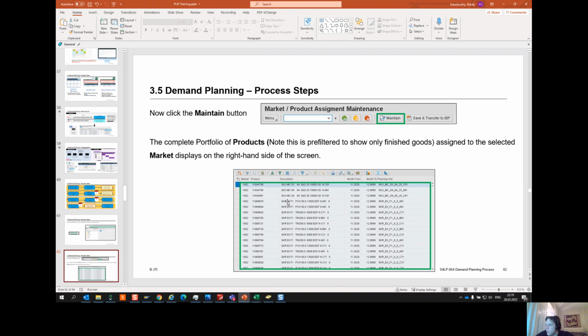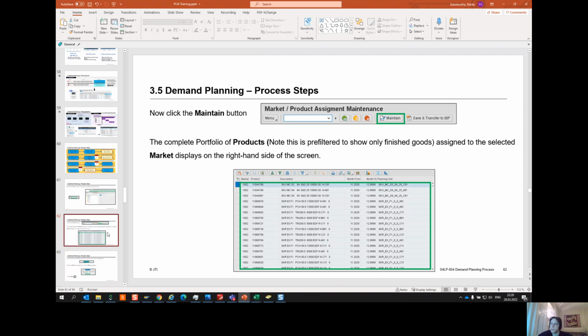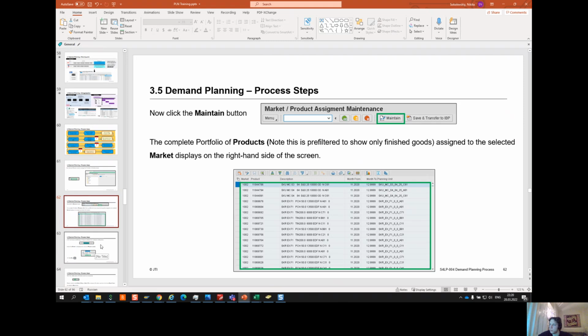For this planning unit, we have this SKU ending with 76. But if we look through this list, we can see the exact same planning unit. So the code is exactly the same, but the SKU is different. So that's how it works. One planning unit can be achieved by several or even many SKUs.